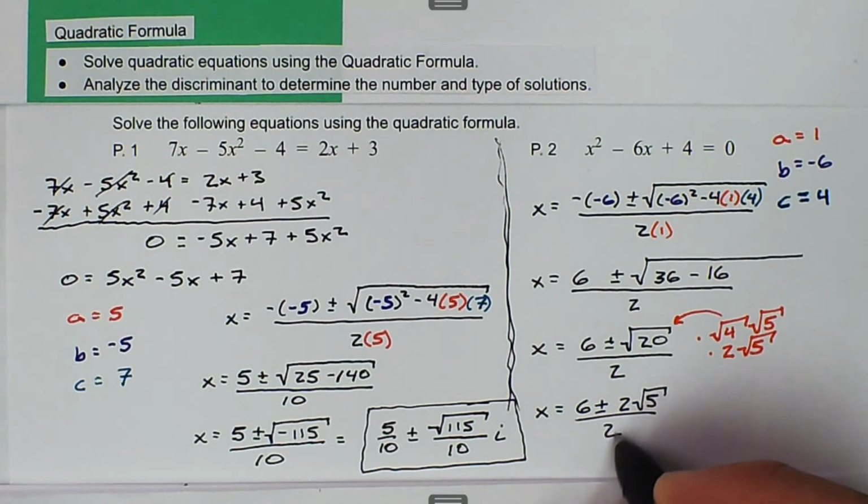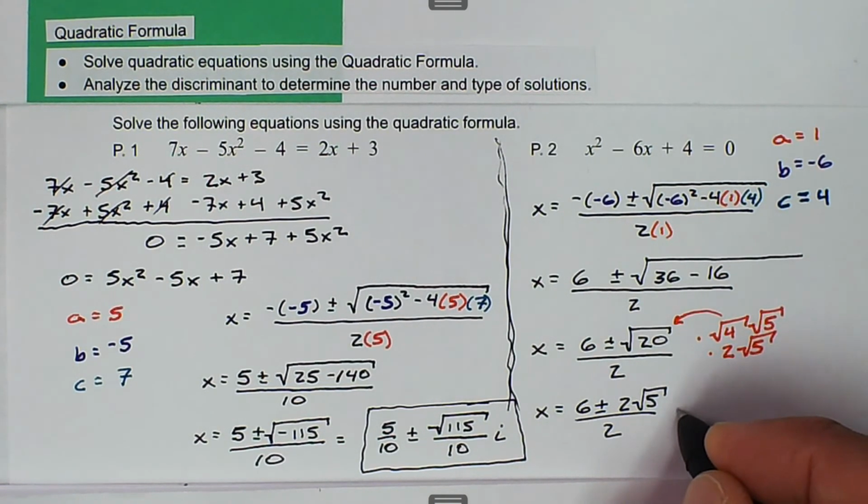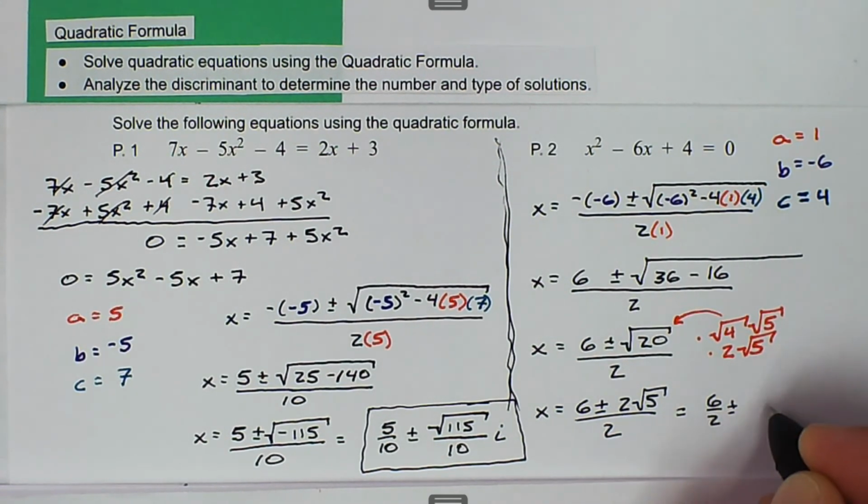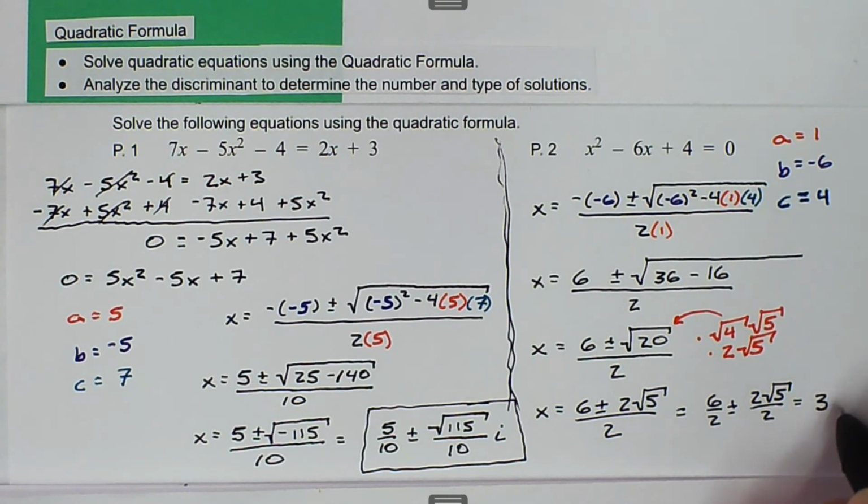And then we can distribute this 2 to both terms separately. So we get 6 divided by 2 plus or minus 2 square root of 5 divided by 2. And what that ends up being is 3 plus or minus the square root of 5.